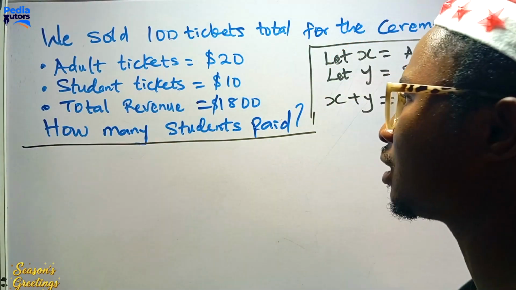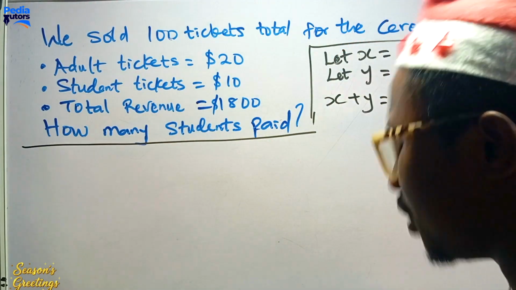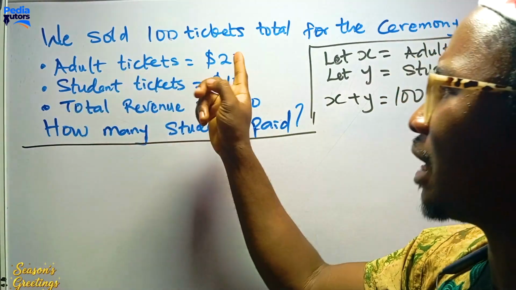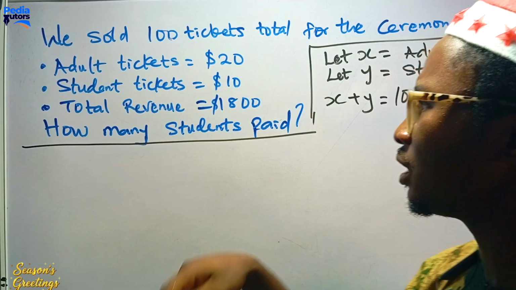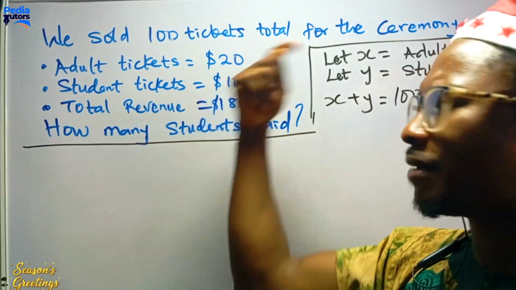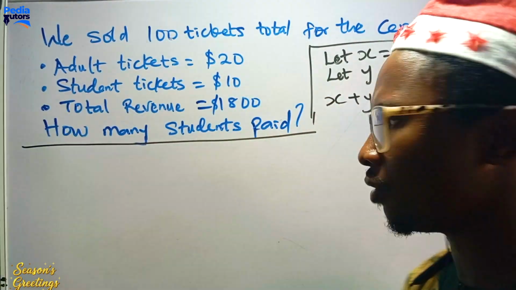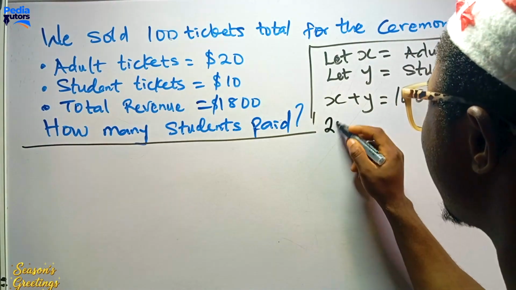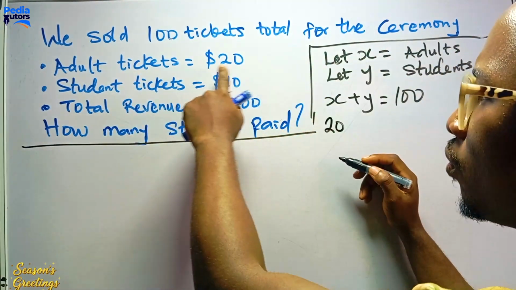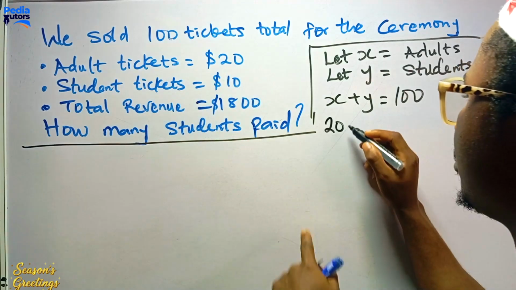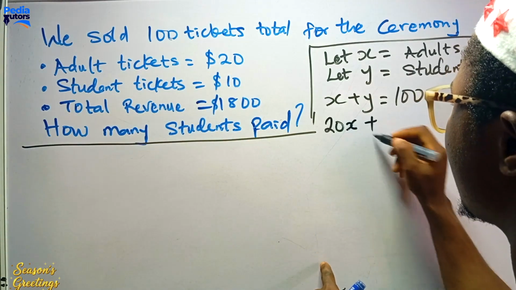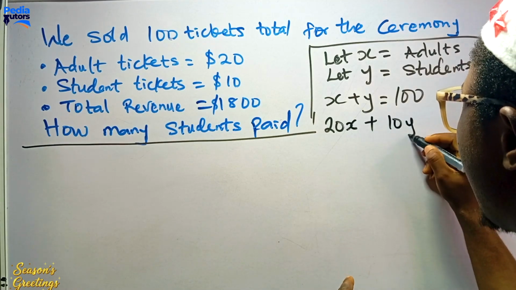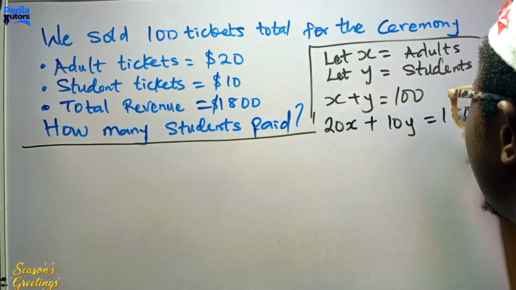Because we are only selling 100 tickets and we are not exceeding that. The second equation will be that the number of adults times the amount we sold to adults, and the number of students times the amount we sold to students, will give us the total revenue. So that means 20x plus 10y gives us 1,800.